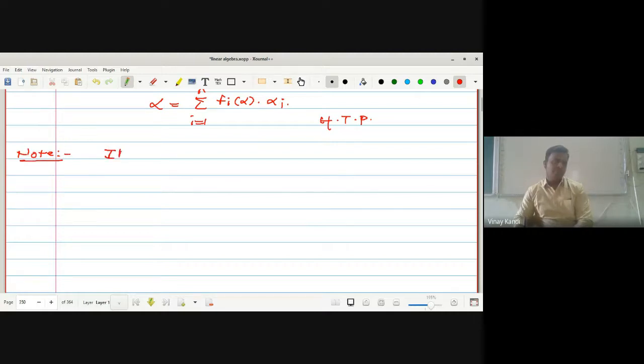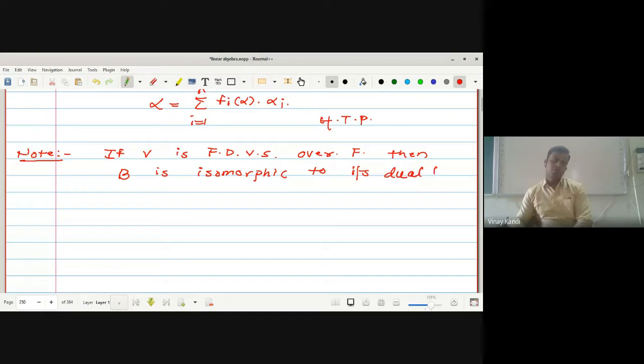If V, capital V, is a finite dimensional vector space over F, then B is isomorphic to its dual space, V star.